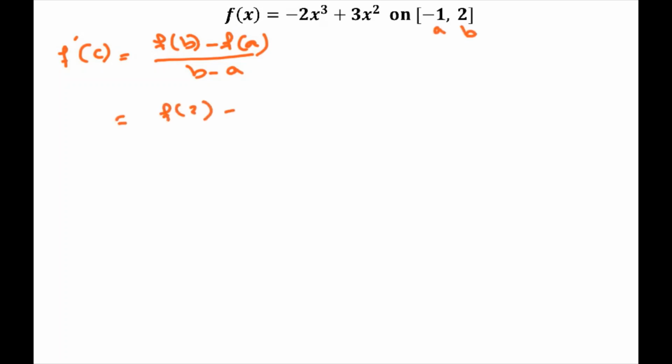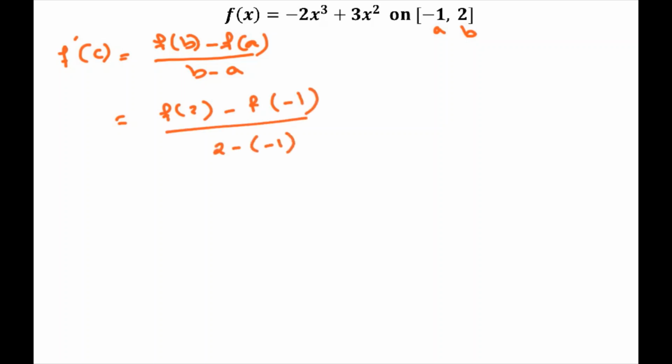Okay, so let's look at this question here. We need to find the c's. So first of all, based on the theorem, you will find f prime of c, which is equal to f(b) minus f(a) over b minus a. In this case, this is a and this is b. So you're going to say f(2) minus f(-1) over 2 minus -1.